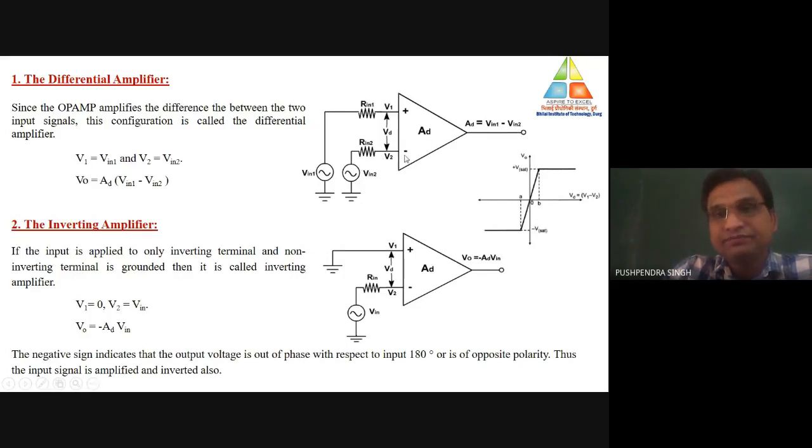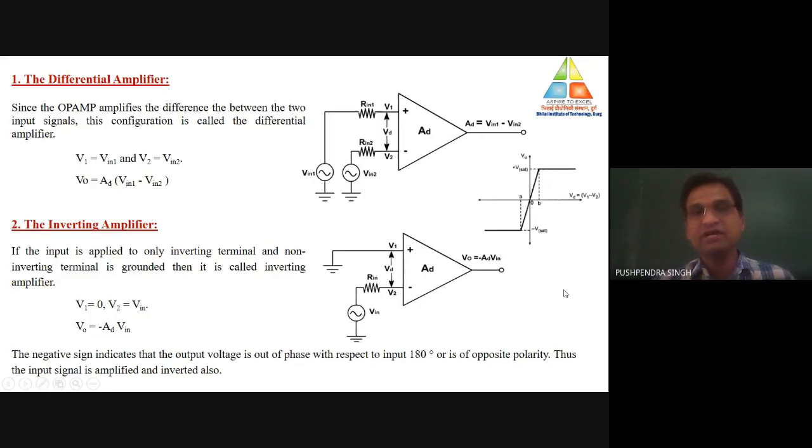Inverting means negative. So if feedback is given between the output terminal and this negative input terminal, that kind of feedback is called negative feedback. In most applications of the operational amplifier, we are using negative feedback.